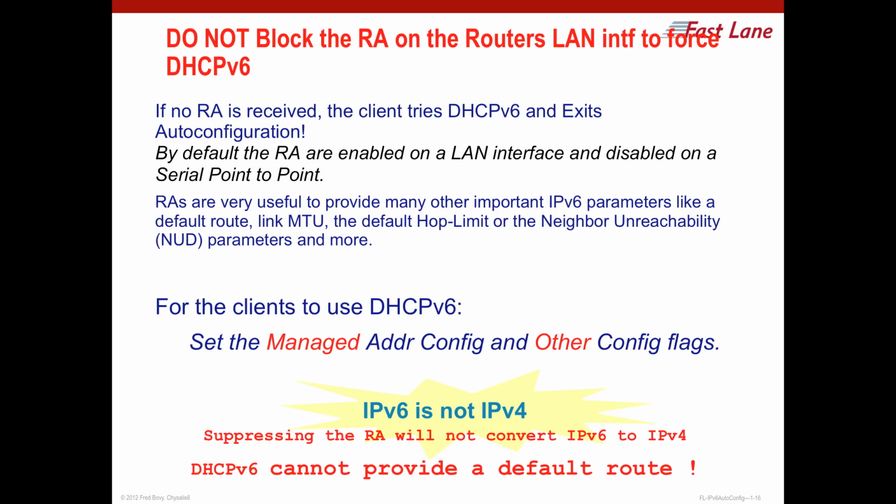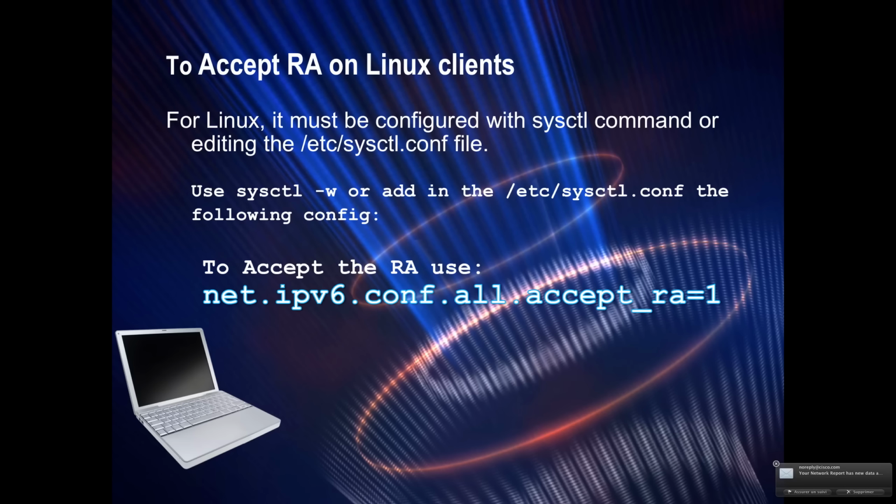For instance, DHCPv6 is not able to provide a default route. So you always need router advertisements on a LAN, and it's not a good idea to disable them on a LAN to force the use of DHCPv6.